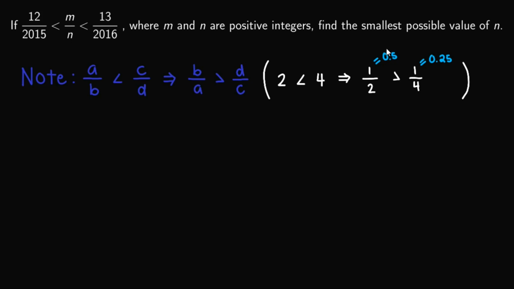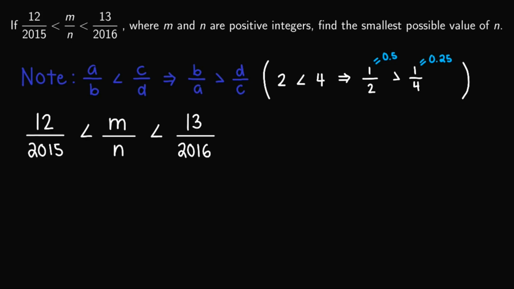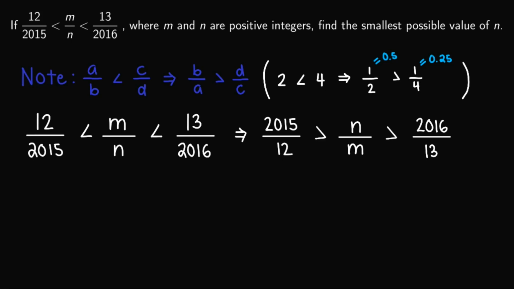So clearly 0.5 is larger than 0.25. This idea is what we'll be using in answering this problem. So we copy that one, and if we take the reciprocals, we have 2015 over 12 and 2016 over 13 and n over m. Again, the signs are flipped.